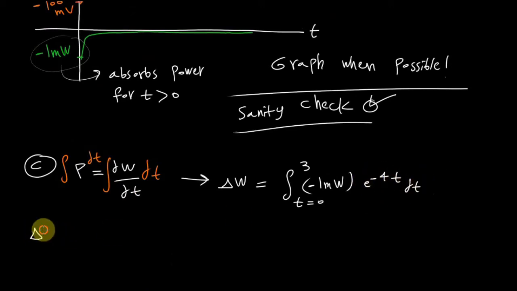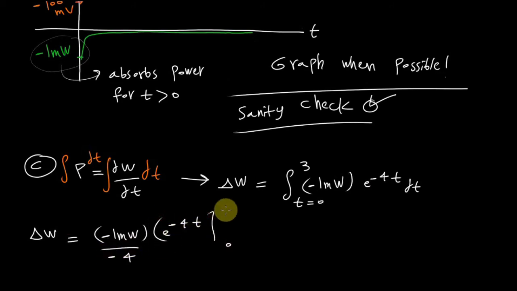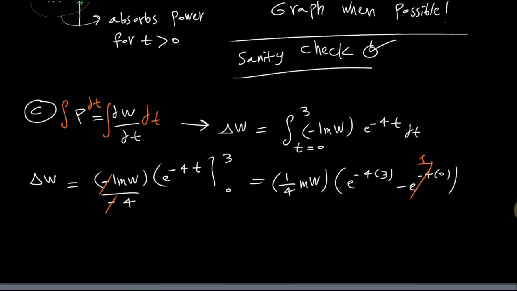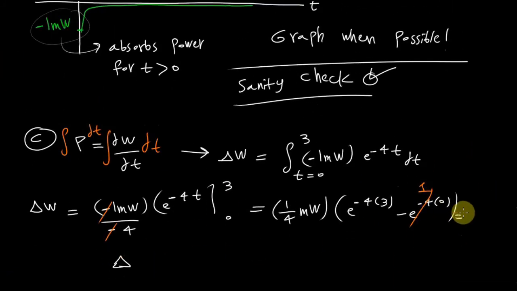You cancel the negatives and you take the integral from 0 to 3, and e to the minus 4 times 3 minus e to the 0, which is 1. Now e to the 12 is a pretty large number. It's a little over 160,000. Multiplied by 4 is even bigger, so that's roughly 0. So we can pretty much neglect that and only stick with the negative 1/4 of a milliwatt there.